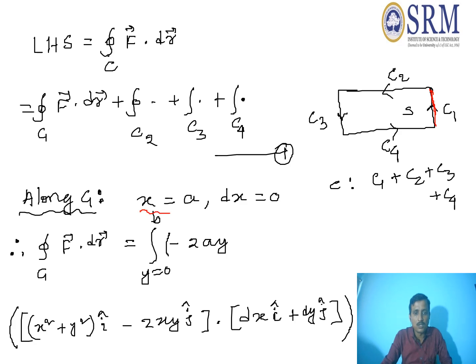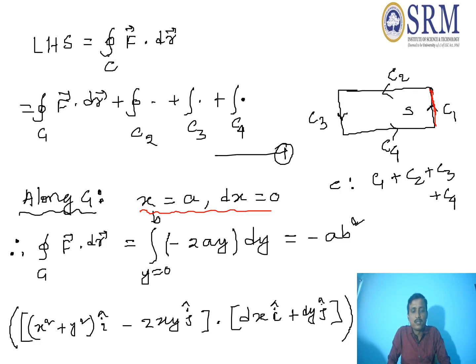In this, that dot product you have to substitute it. Now you are getting this one and dy. So what is the value? It is minus, if you do this integration, ab square. So along C1 we are getting that line integration value is minus ab square. Clear?